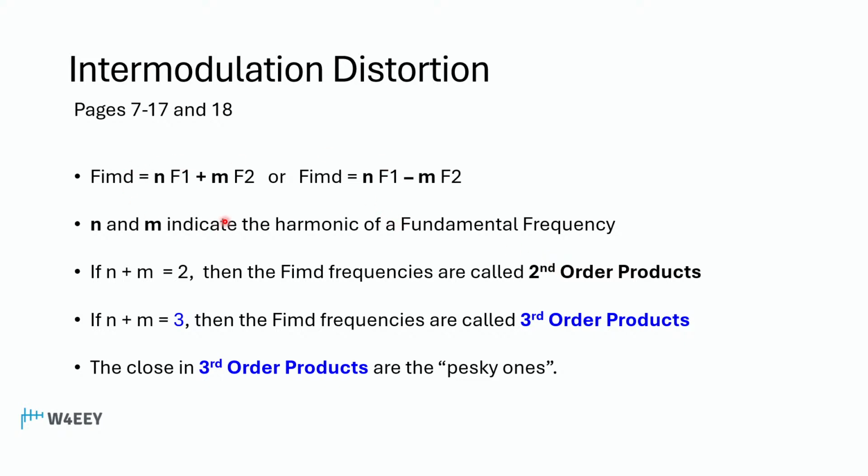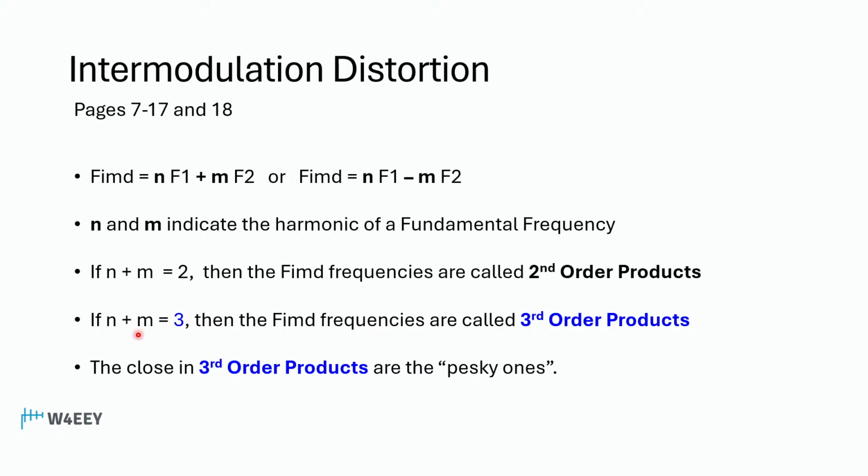Up here, we have n times f1 plus m times f2, or n times f1 minus m times f2. If n plus m equals 2, then that's called a second order product. If n plus m is equal to 3, then that is a third order product.